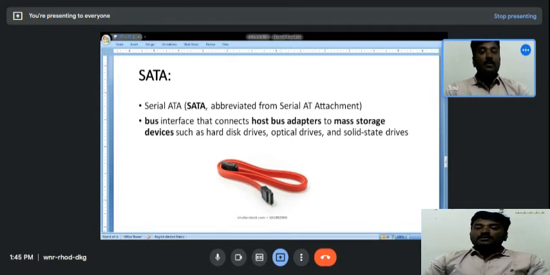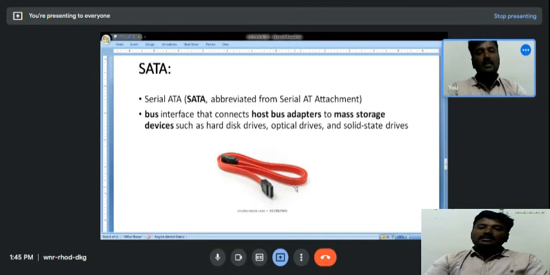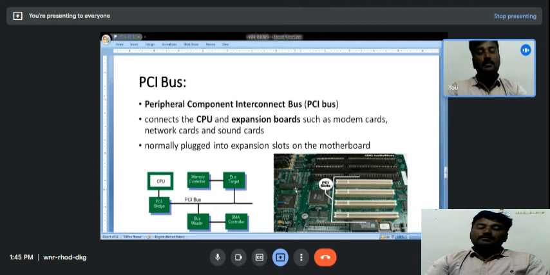You can easily see this once you dismantle the cabinet of the CPU. This is one of the data cables which is used for serial data transmission. There are two different types of data transmission: serial transmission and parallel data transmission. So this is serial data transmission.